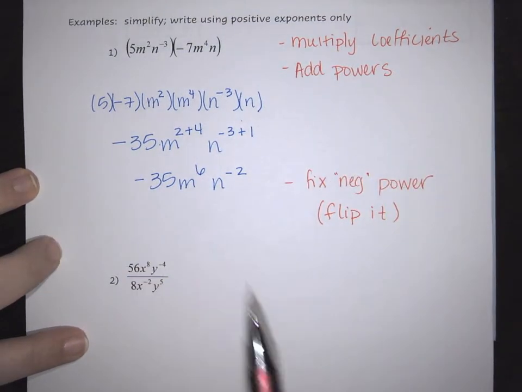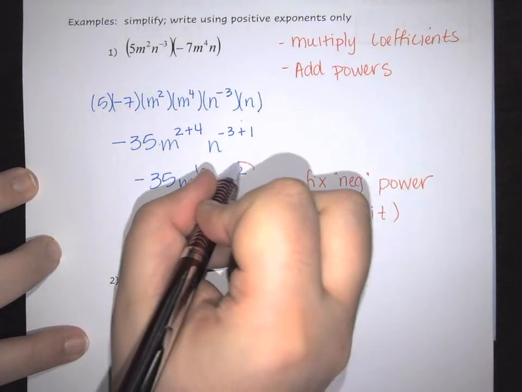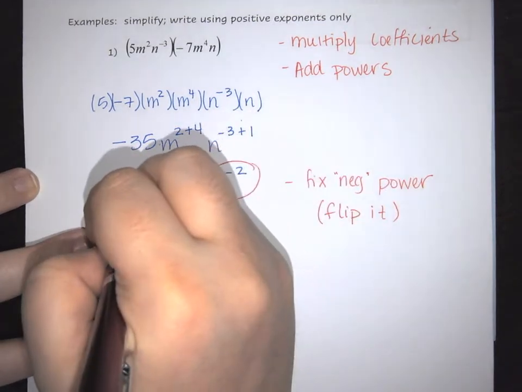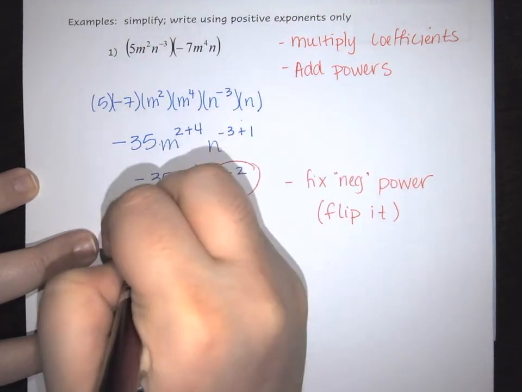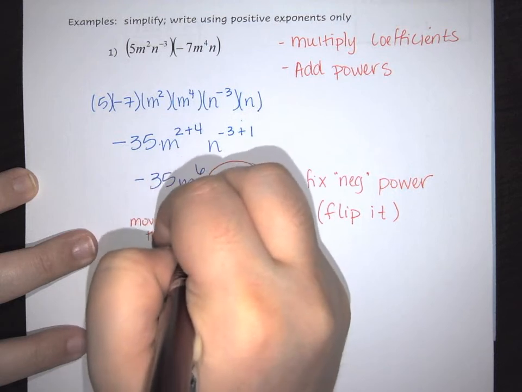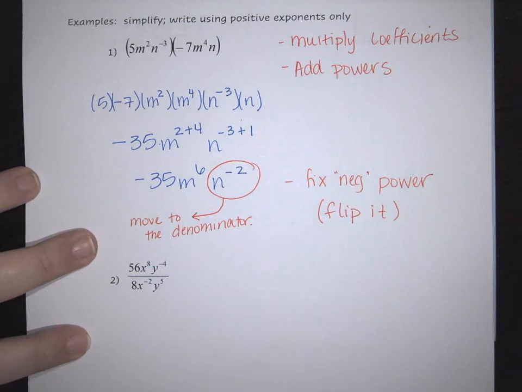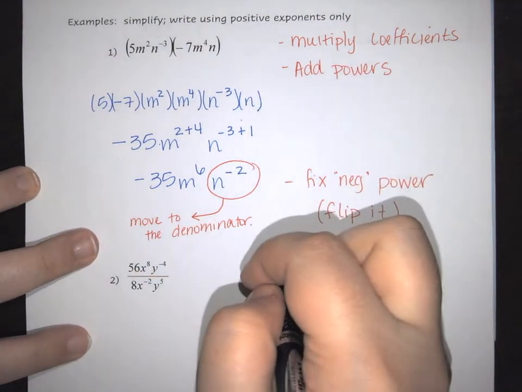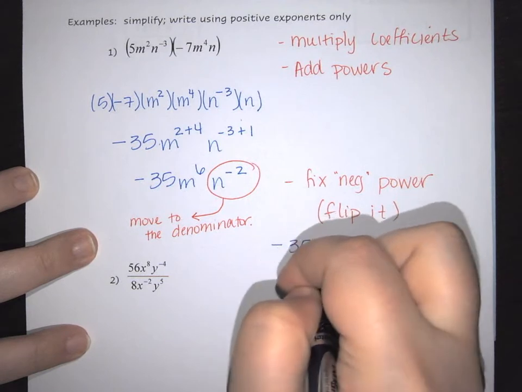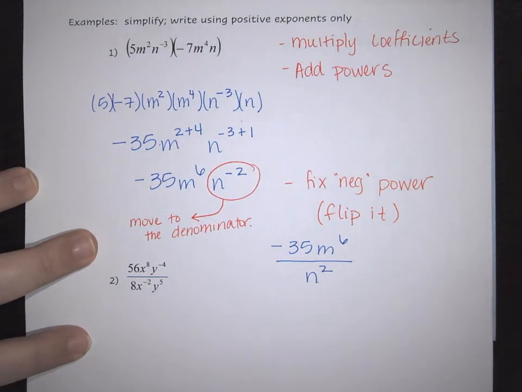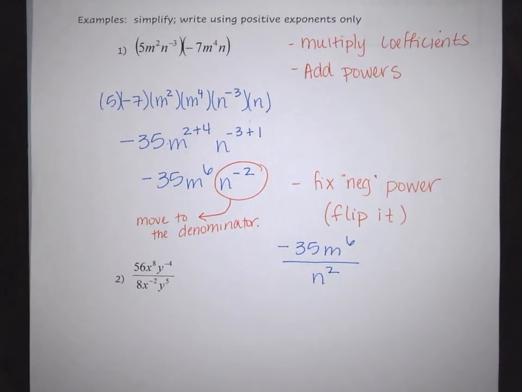Okay, so here what's going to happen is that this term right here has to come down, and it's going to move to the denominator. So with that, this means that we're going to end up with negative 35 m to the 6th, and the whole thing is over n squared. Since my power is now positive and there is nothing else that can reduce or cancel, that's how I know that I've completed my problem.